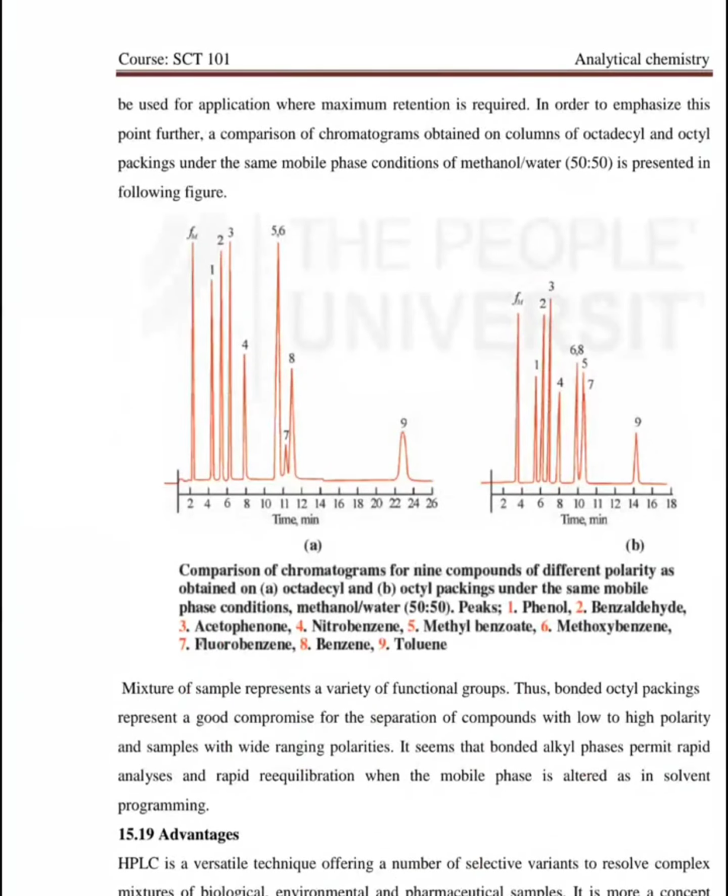Next, here is a comparison of chromatograms for 9 compounds. Whether the sample contains 9 or 10 compounds, it can be separated. Seen here for different 9 compounds of varying polarity, methanol and water are used in the ratio of 50-50%.